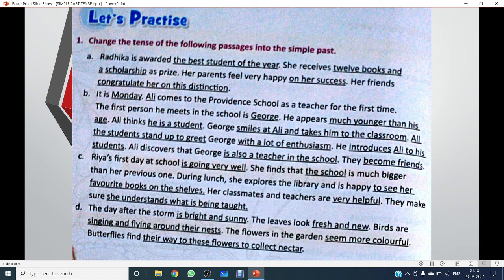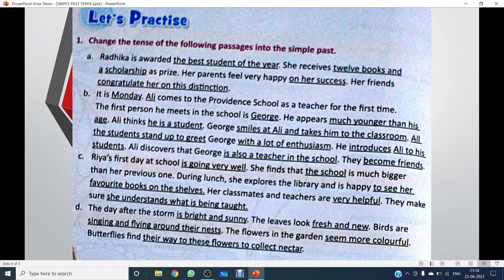Now number B. It is Monday. What will it be? It was Monday. Ali comes to the Providence School as a teacher for the first time. Ali came to the Providence School as a teacher for the first time. The first person he meets in the school is George.